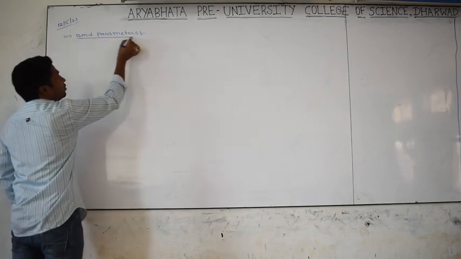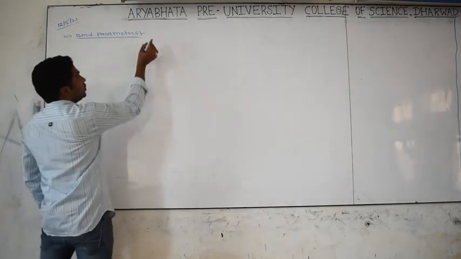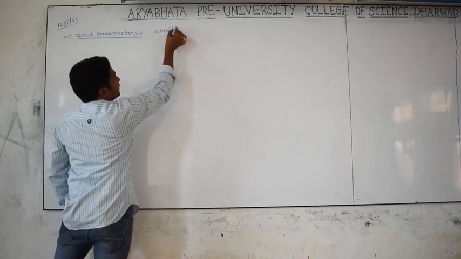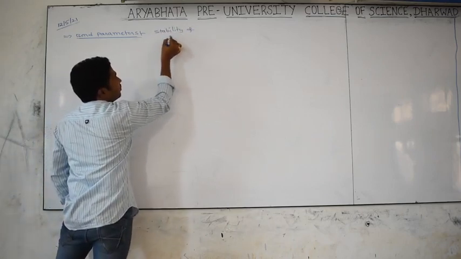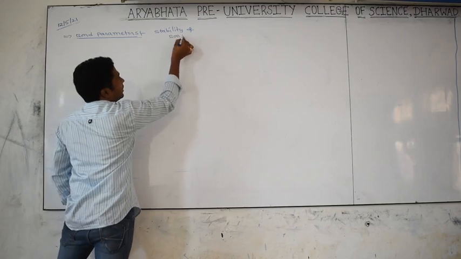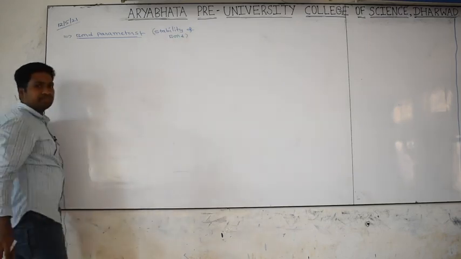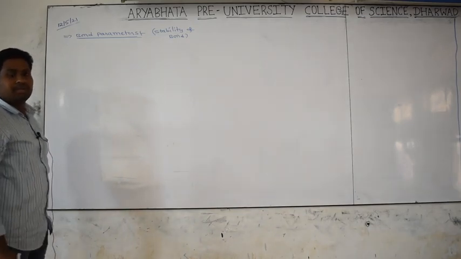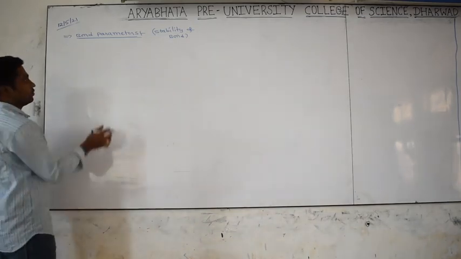What is the meaning of bond parameters? To explain the stability of the chemical bond, this is the concept. Some parameters, I mean some characteristics, will be there. According to those, we can check the stability of the chemical bonds.